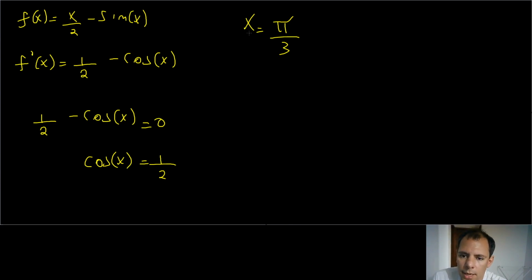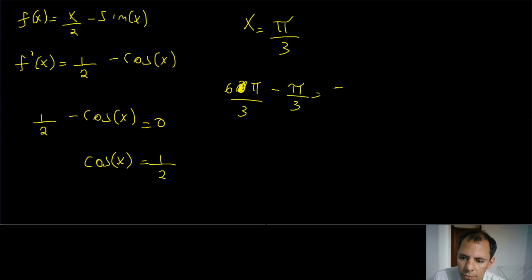What I'm saying is that the x has to be pi divided by 3, which is 60, all right? But it has to be also 2 pi minus pi divided by 3, because minus 60 is also half. The cosine of minus 60 is also half. So it's going to be 2 pi minus pi divided by 3. Okay, and then you got to put a 3 here and you put a 6 here.